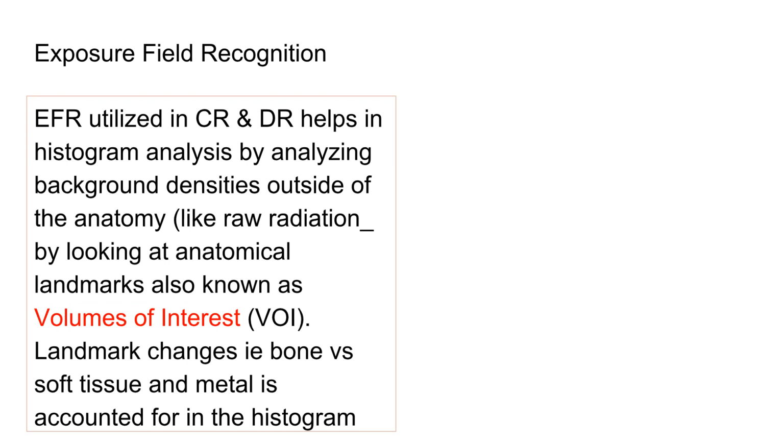So all these things come under the heading of volumes of interest. We're looking for places where you see maybe a lot of bone and recognizing that it's bone versus metal versus a lead apron, all those things that attenuate the beam a lot and would normally cause a bright density. Some of that information you don't want. Some of it you want to make sure that you do have it. So it works a little bit both ways.